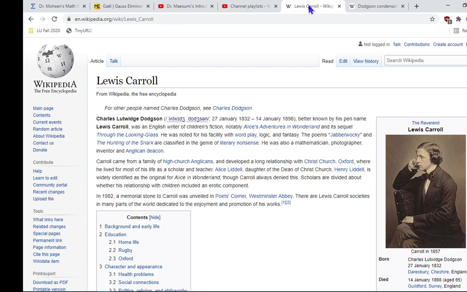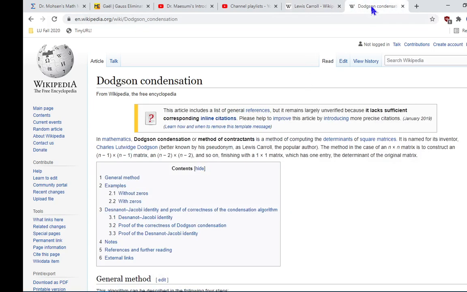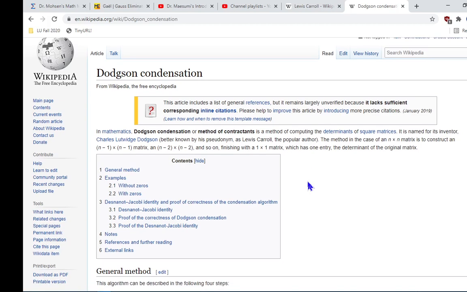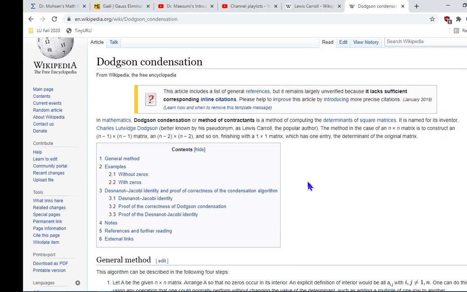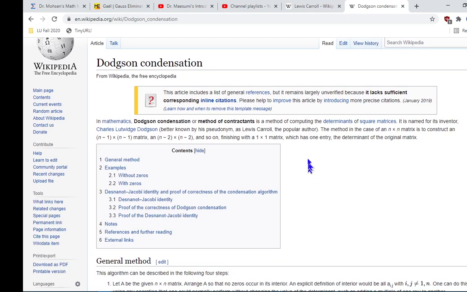He was actually a mathematician, and lots of other things. He was a photographer, an inventor, and a deacon. He was a math professor, and one of his contributions is how to calculate determinants. The issue is complicated enough for somebody to put his name on a certain style of calculating it, called the condensation method. You can read about it in the text.